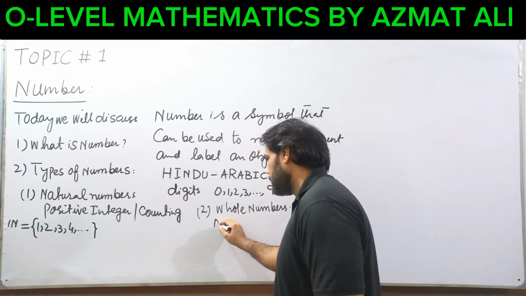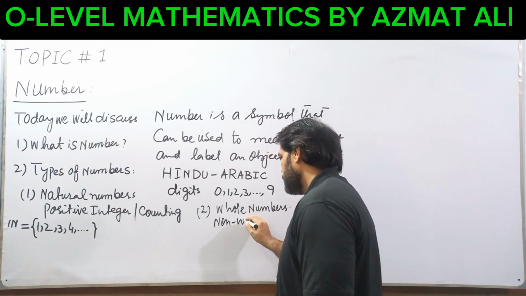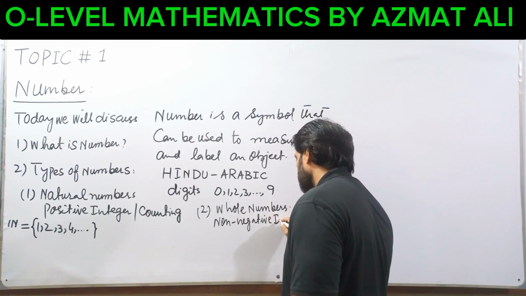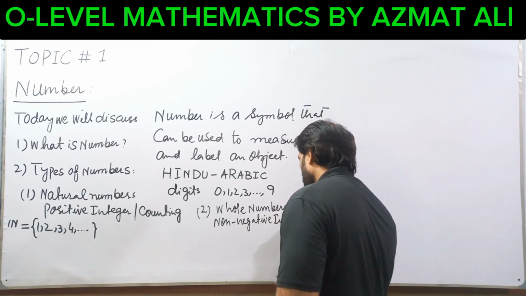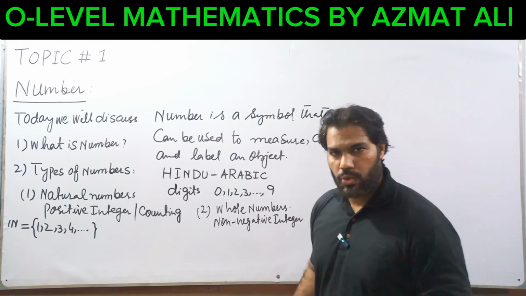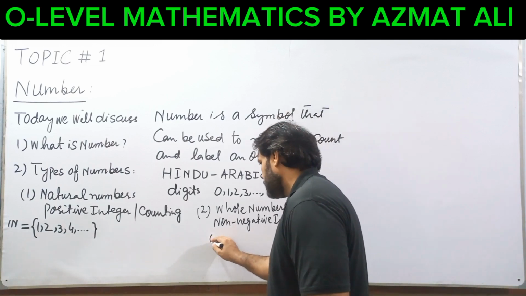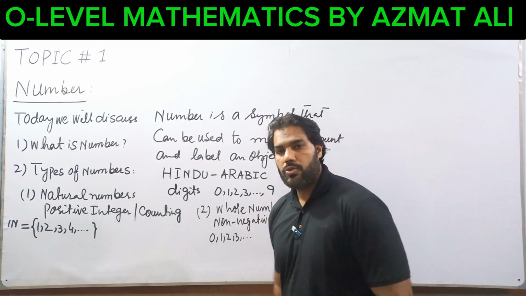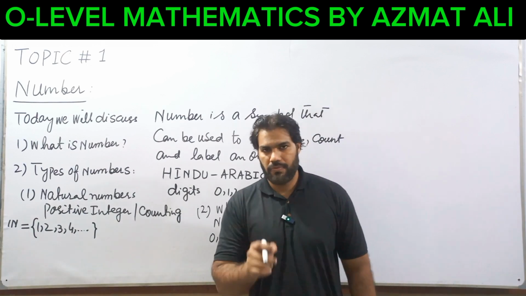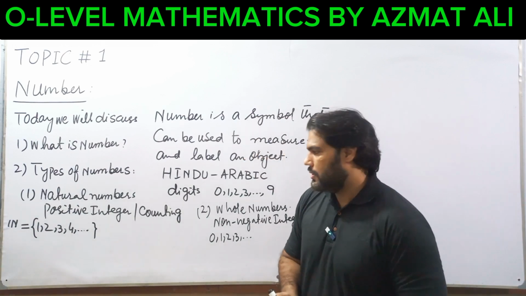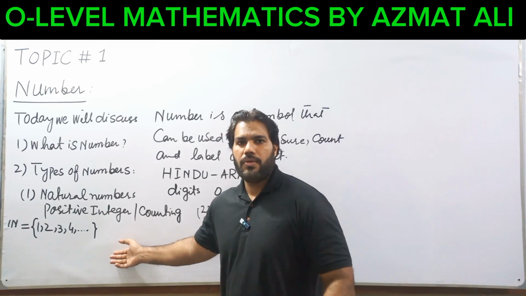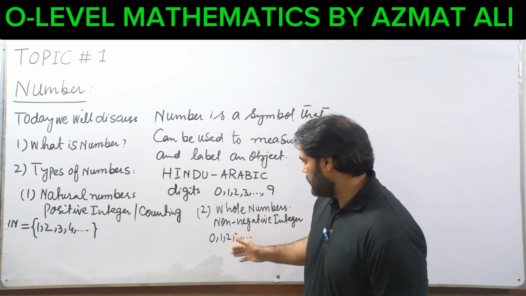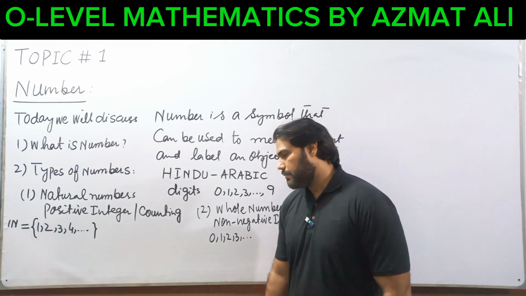So the whole numbers, which are also called non-negative integers, are 0, 1, 2, 3, and so on. The only difference between natural numbers and whole numbers is that natural numbers do not include 0, whereas 0 is included in whole numbers.